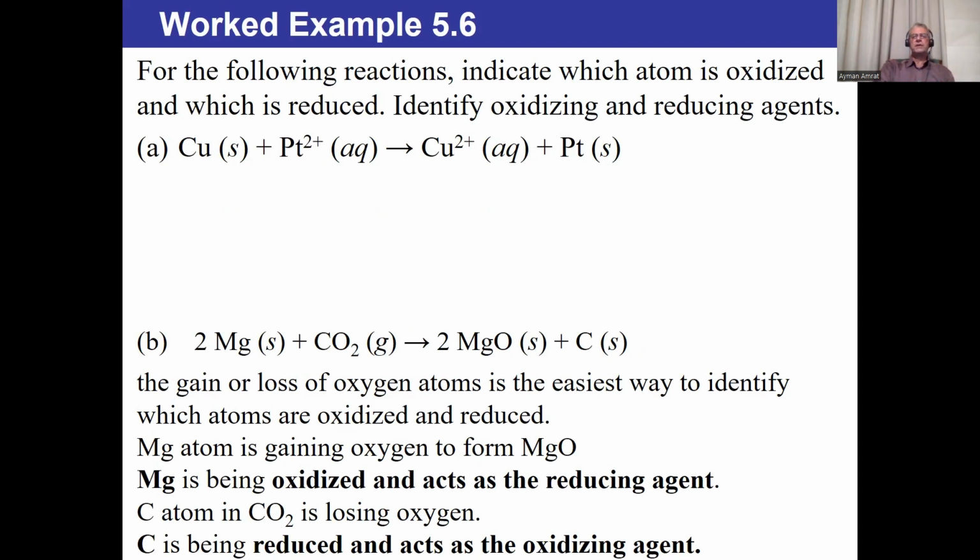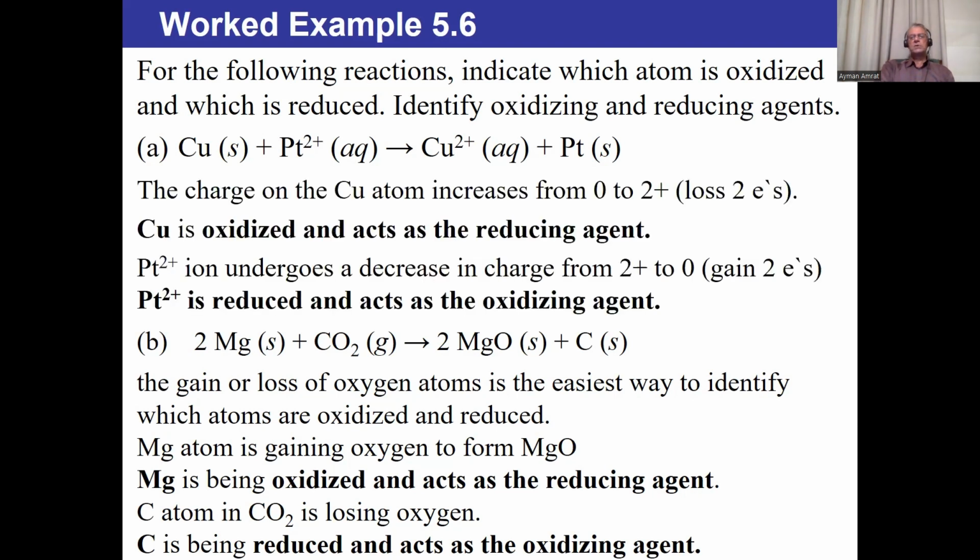Platinum 2+ is converted to 0 charge in platinum metal. The process is gaining electrons, so platinum 2+ is reduced to platinum metal. So copper is oxidized and acts as the reducing agent, while platinum 2+ is reduced and acts as the oxidizing agent.